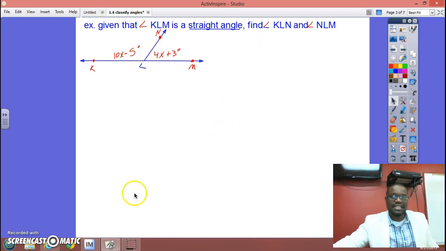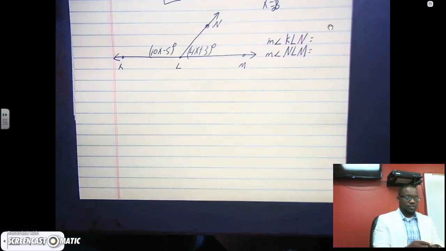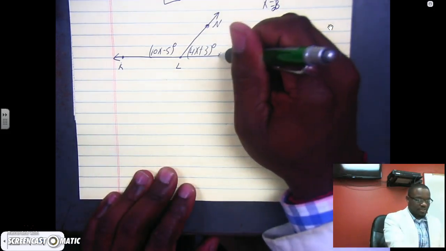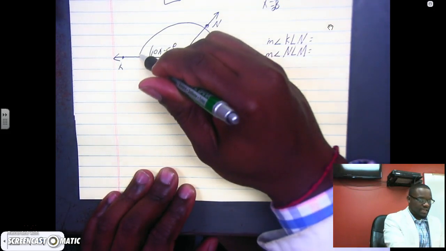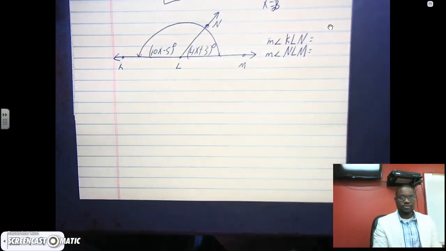So we're going to take that idea and now actually do some work based on understanding straight angles. Again, if I start here, this is my starting point, and I end here, that means this straight line is 180 degrees. So I can set up an equation based on what I see.